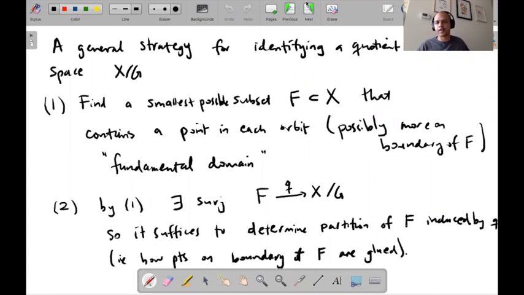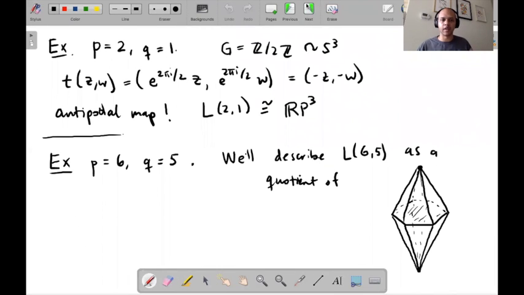So we want to find some region in the three-sphere so that under the group action, this region just gets translated into disjoint pieces, maybe with the exception of how it gets mapped under the boundary, and that will give us these face identifications.